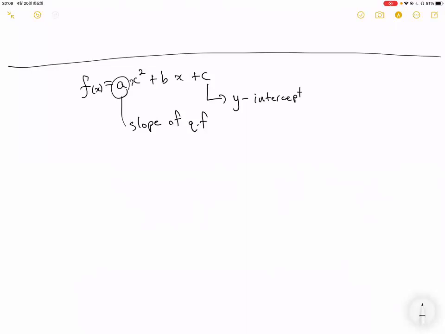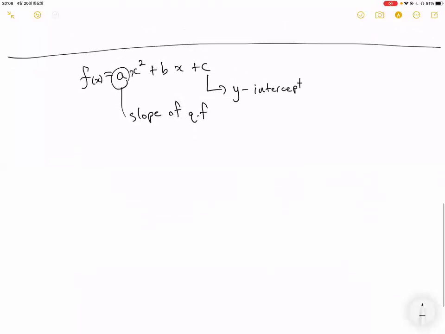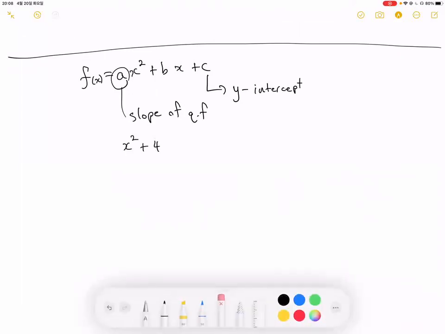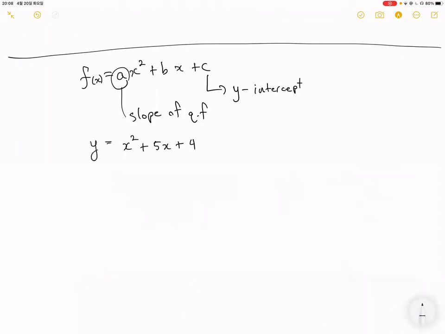But normally, I would actually factorize this, and since these are not real numbers, it's really hard to explain it. So let me just use real numbers to explain this. So for example, like the example we used last time, which is x squared plus 5x plus 4, right, is equal to y.